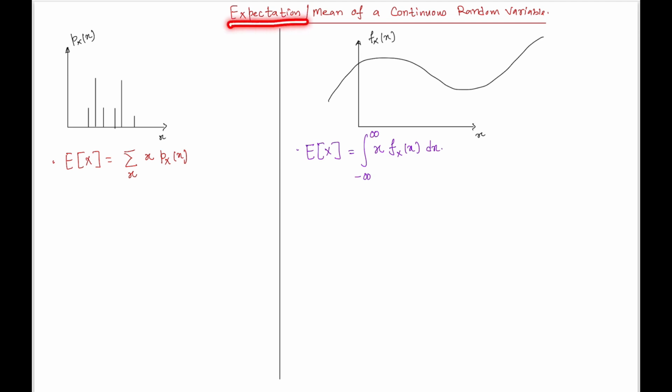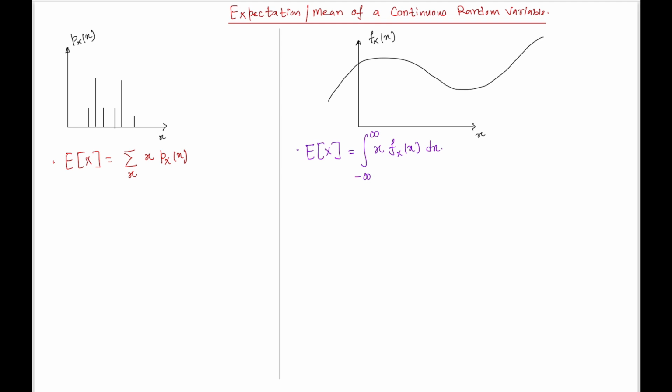What is expectation? What does it represent? We have already seen, right, in case of the discrete random variable. So this expectation represents the average of the value we expect to see in a very large number of independent repetitions of the experiment.